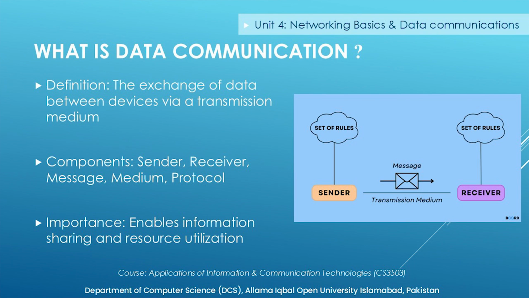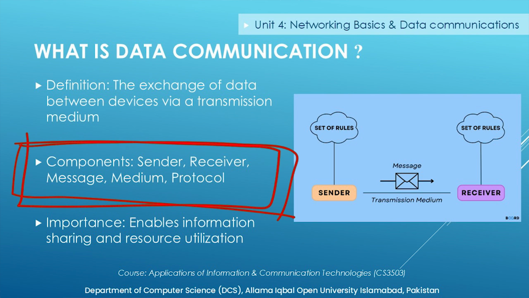The process involves multiple components, of which five are essential. For communication, there must be a sender who originates and sends the message, and a recipient who is the receiver of the data.